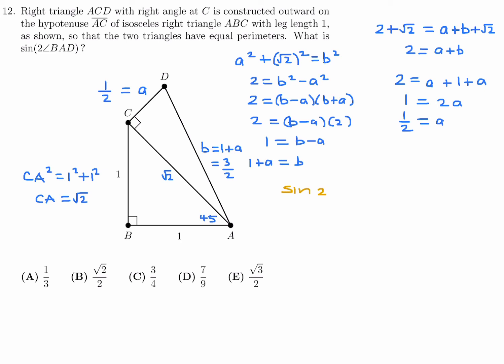The first one is 45, and the second one I don't know, so I'll just call it theta for now. So it's 2 times BAD, which is 45 plus theta. Okay, so now we have to put in that big long identity, right? And you guys remember this. It's 2 sine, in this case, 45 plus theta, and cos 45 plus theta.